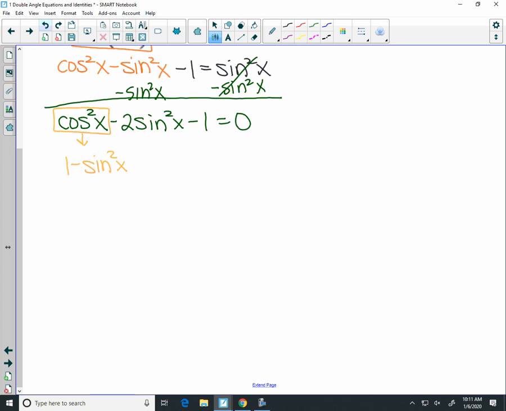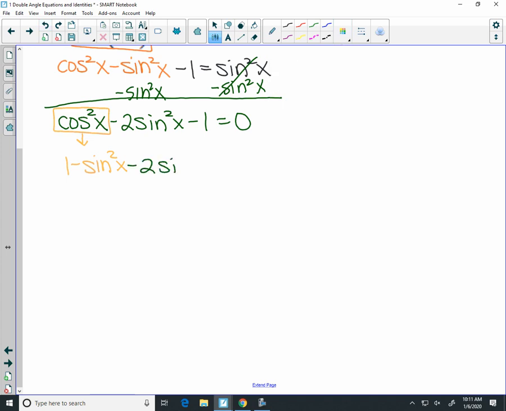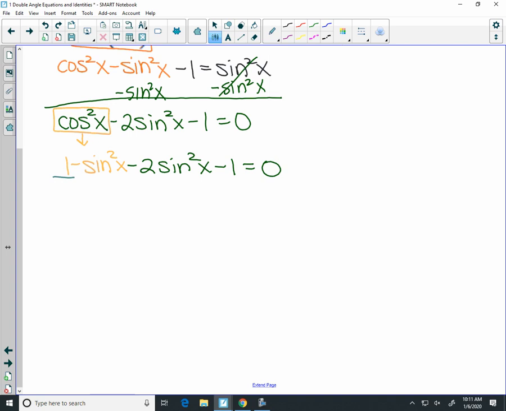This color coding, and I forgot. There we go. And then you can combine your like terms and solve. I have 1 minus 1. So those are gone.